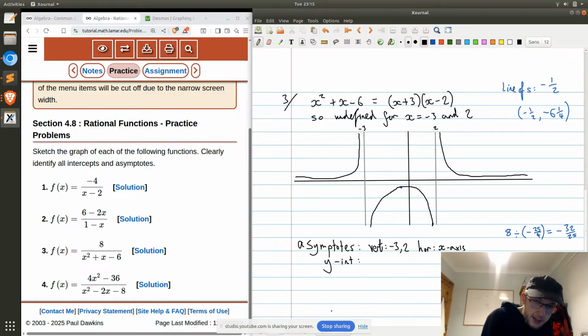As for the y-intercept, you stick in 0, and that would be 8 over -6, which is -4 over 3. So I think that's correct.